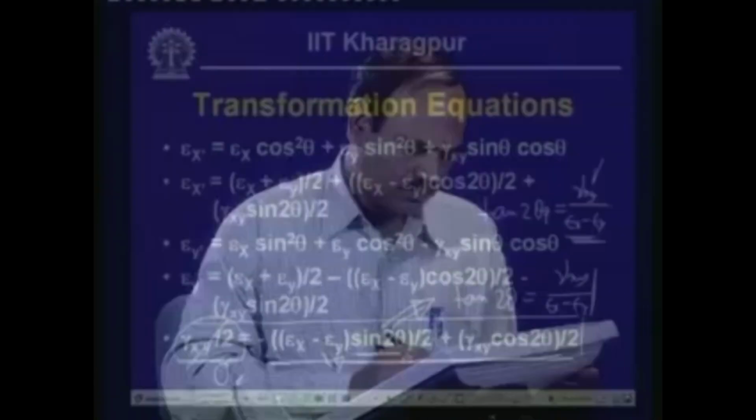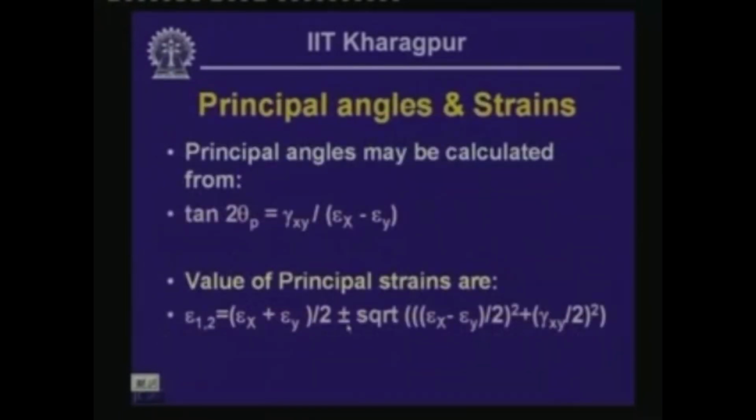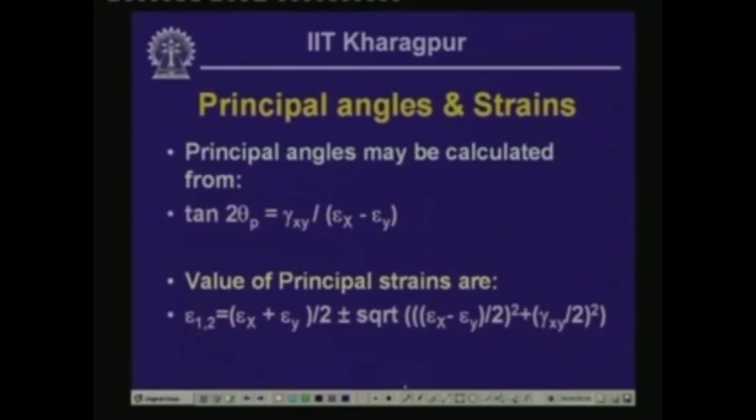So we have seen that tan 2θp is equal to γxy/(εx − εy), and corresponding to the angle 2θp, we get the value of ε1, which we call εmax.